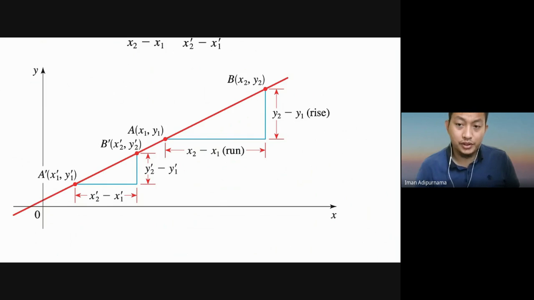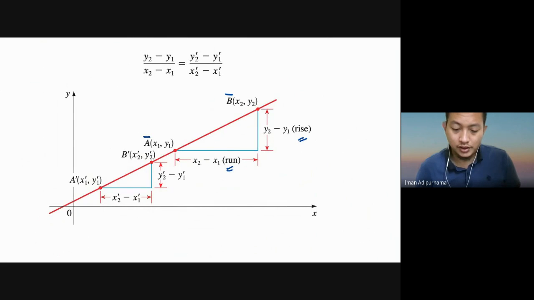It has several points, look at A and B. It has x1, y1, x2, y2, and slope is defined by rise over run, which is the delta of y over delta of x. Generally you can say delta y over delta x.